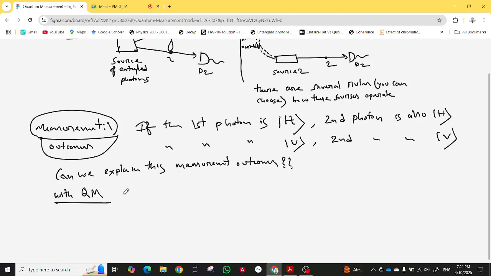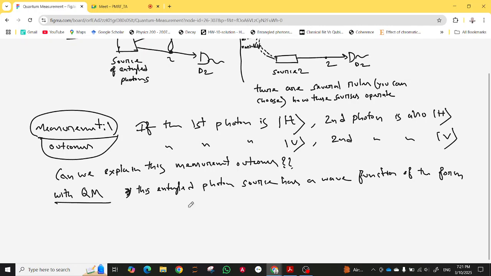Quantum mechanically, you will say that this entangled photon source has a wave function of the form psi equals, so this is the psi state.